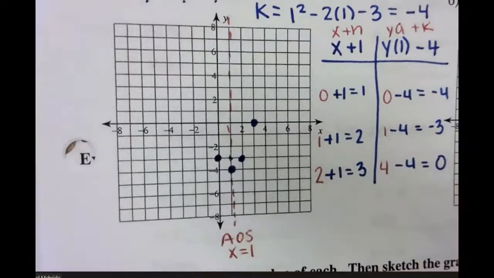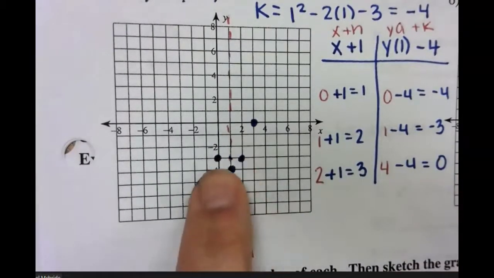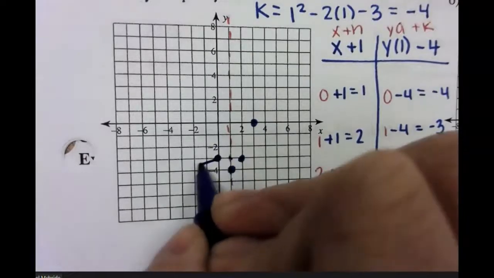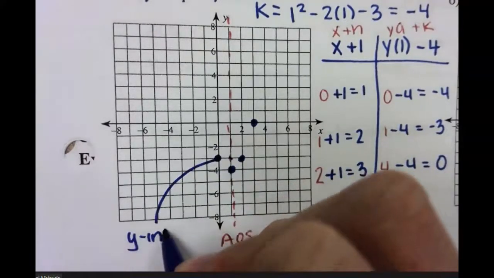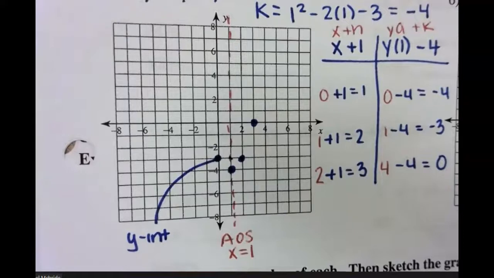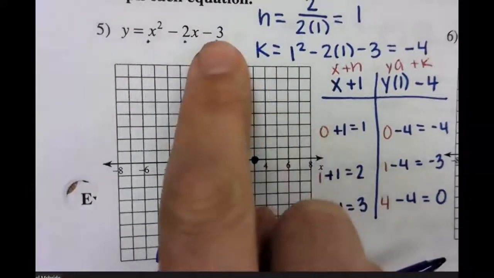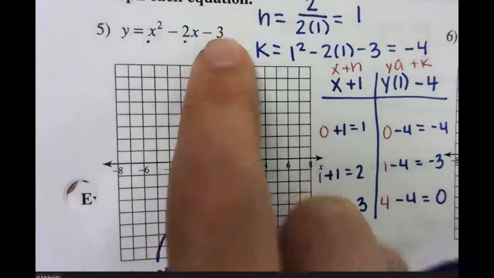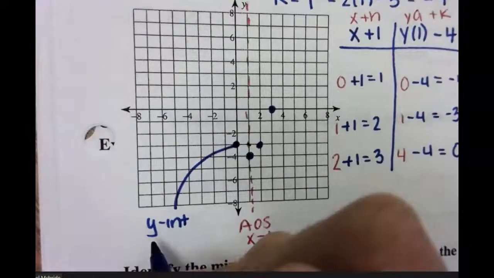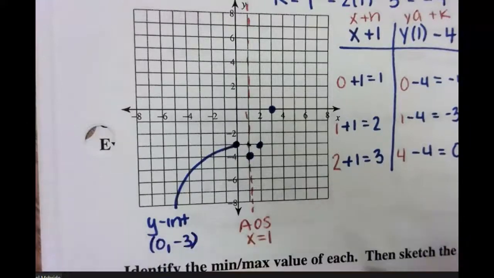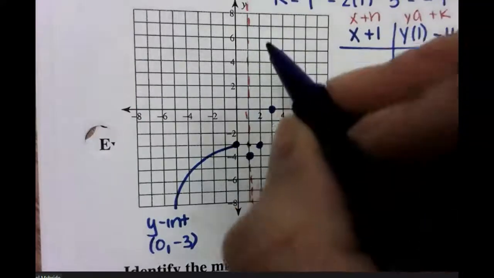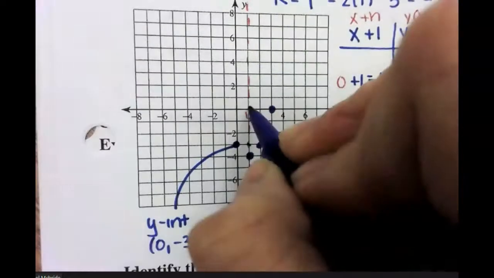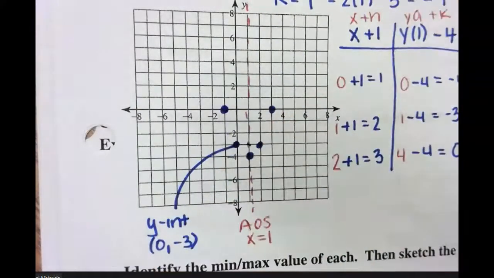This point right here at 0, negative 3, that is called my y-intercept. You could have also gotten that from your equation because the y-intercept is the last value without a variable in standard form. So my y-intercept was 0, negative 3. And then I also go up 4 and over 2.